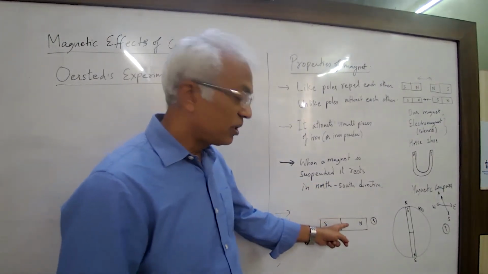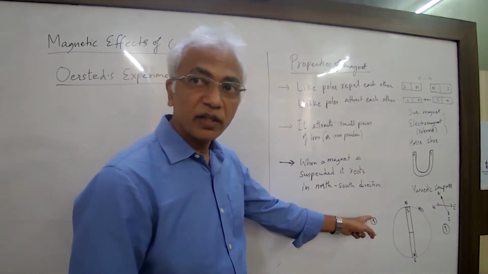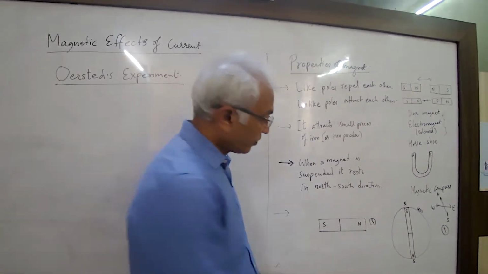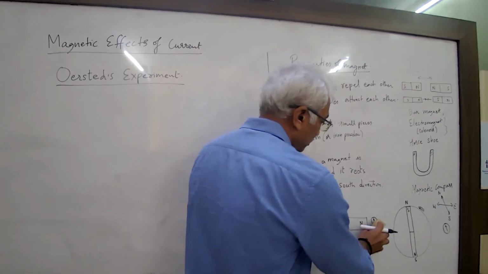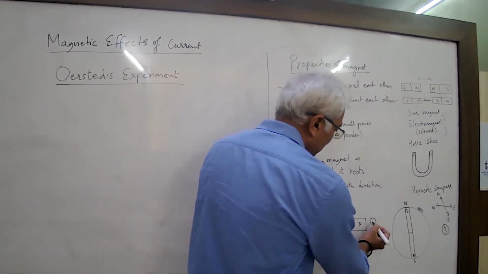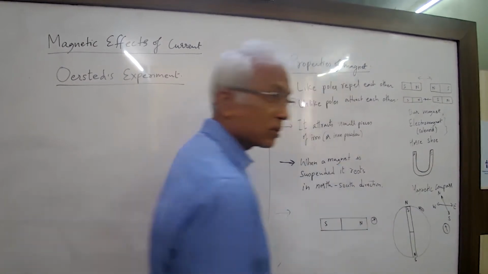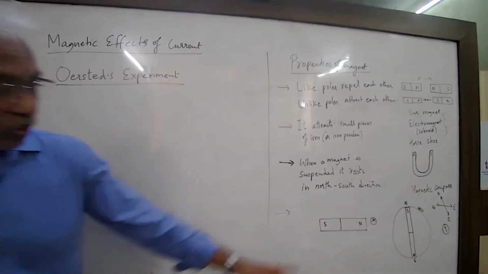But the moment I bring the magnet over here, it will repel the north pole of this magnetic compass, because the magnetic compass is also a magnet, right? So its needle will become like this. It will deflect the magnetic compass. Understood? Because both are magnets.